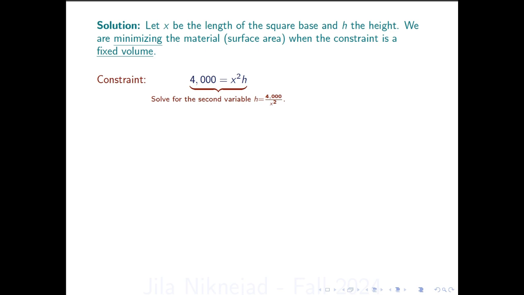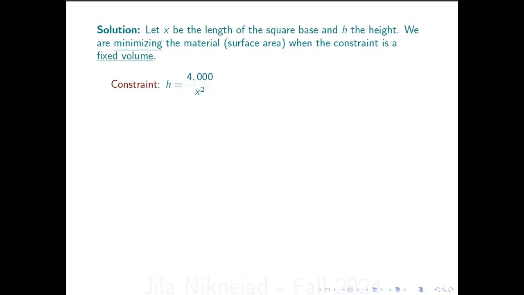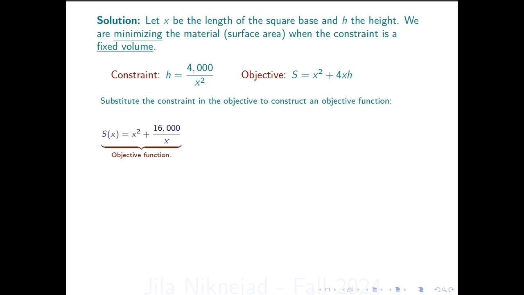You start with the same song and dance. You find the constraint. You use the constraint to find h. You find the objective. You use the constraint to make the objective function a function of one variable.